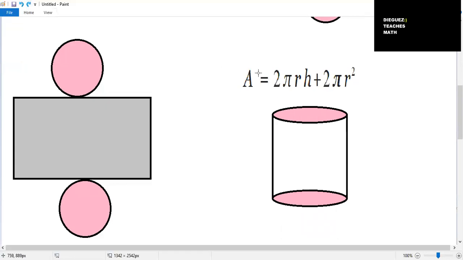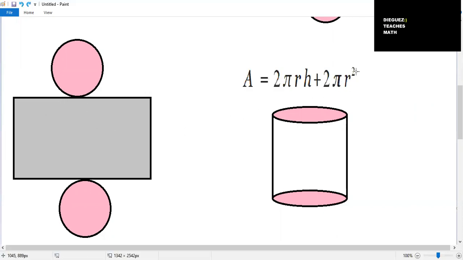Now, over here, I have the surface area of a cylinder. This is the formula: 2 pi r times h. This here refers to the area of the rectangle. 2 pi r is the circumference, so the circumference times the height gives you the area of the rectangle.